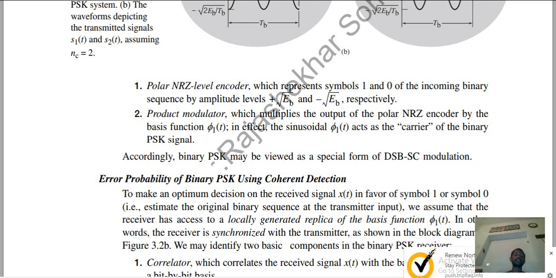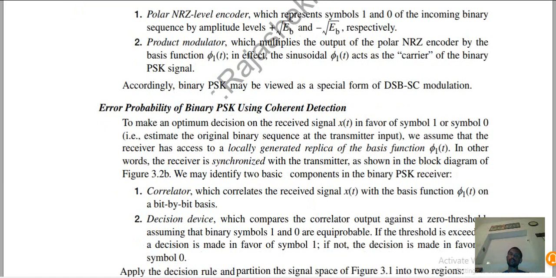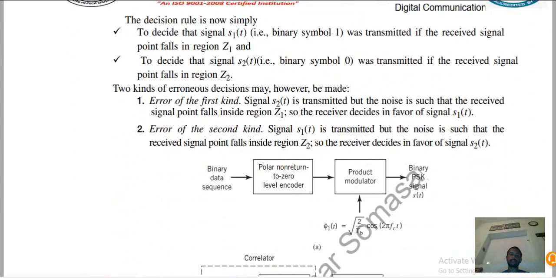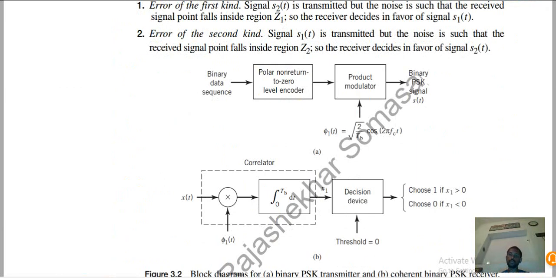What we studied in chapter 1 is what we have done. It represents the 1 and 0 of the incoming binary sequence by amplitude levels of plus square root of EB and minus square root of EB respectively. And the second block is the product modulator, which acts as an oscillator.